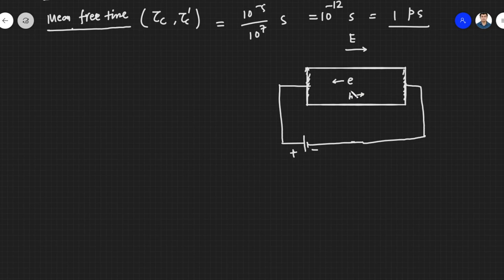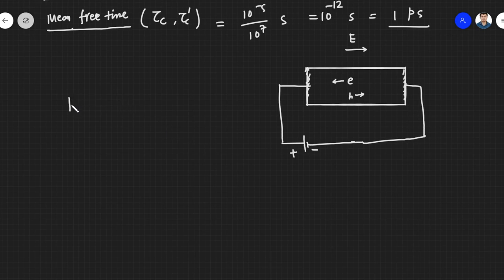So how can you quantify this drift? It's very simple. How much force will an electron experience under electric field E?